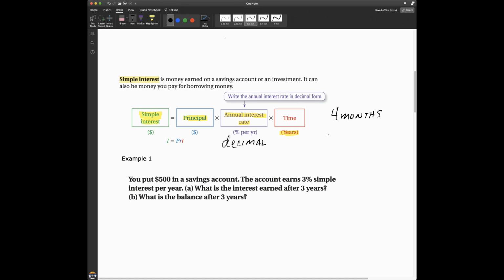Those of you that know how to do it know that all you need to do is divide this by 12 because there are 12 months in 1 year, and then you will end up with 0.33 repeating, and then we can put years here. So it's 1/3 of a year. That's how you do that. 6 months divided by 12, 7 months divided by 12, and you can turn it into a year.